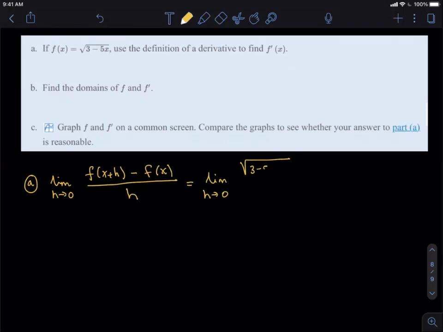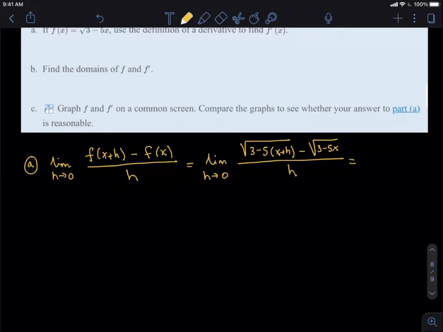So square root of 3 minus 5 times x plus h, minus square root of 3 minus 5x, divided by h. And this limit is a 0 divided by 0, so it's an indetermination. So we need to figure it out.